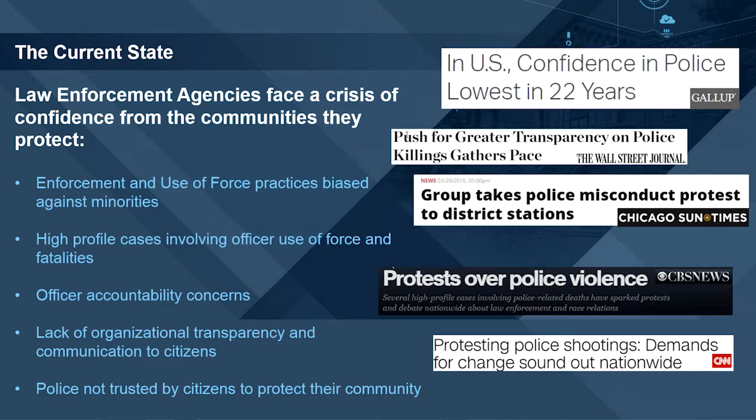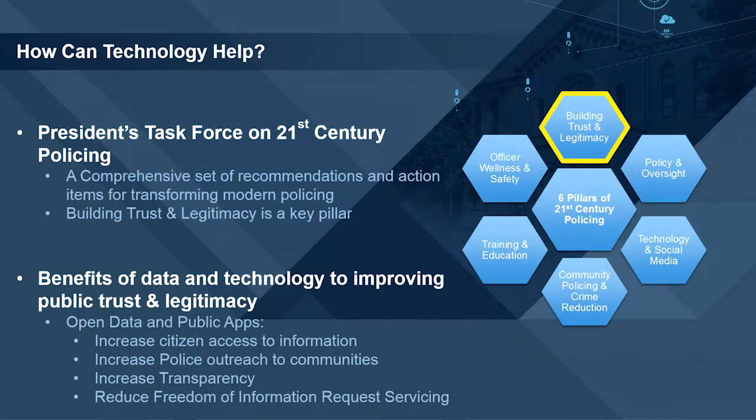So as a result, Barack Obama in December 2014 signed an executive order to initiate the President's Task Force on 21st Century Policing. This task force included police officers, social activists, academics, and members of the task force had the goal of receiving expertise, testimonials, and information from stakeholders and the public to identify the best practices in law enforcement and make recommendations focused on community policing.